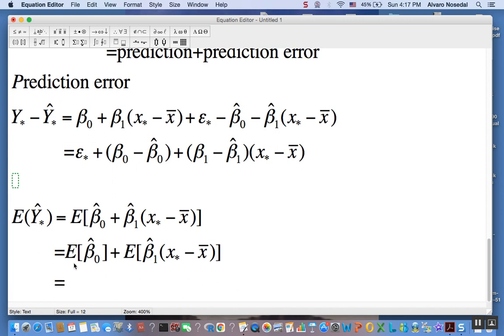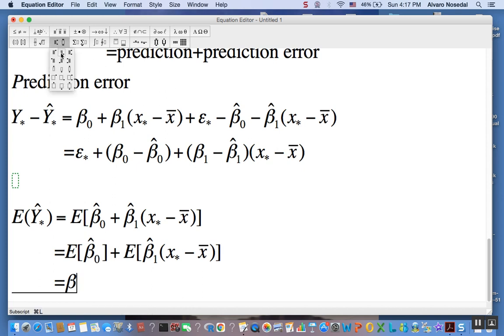Beta hat 0 is an unbiased estimator of beta 0, so it has as its expected value beta 0.